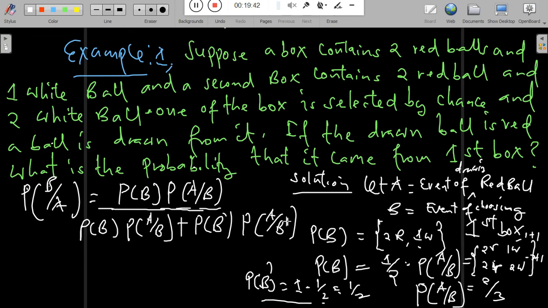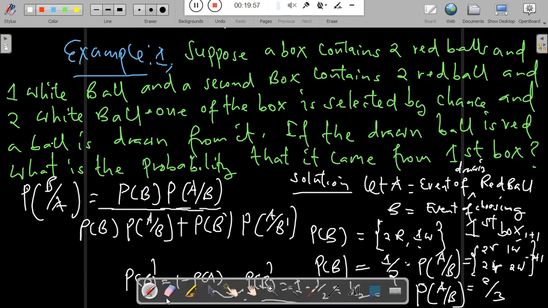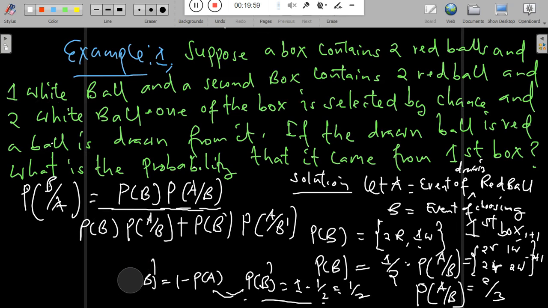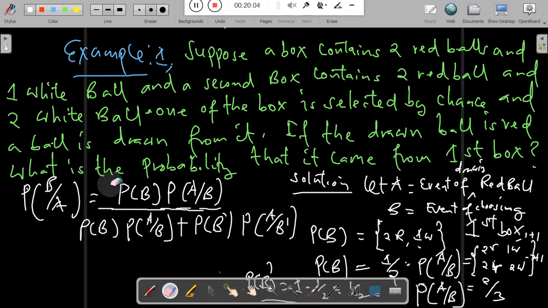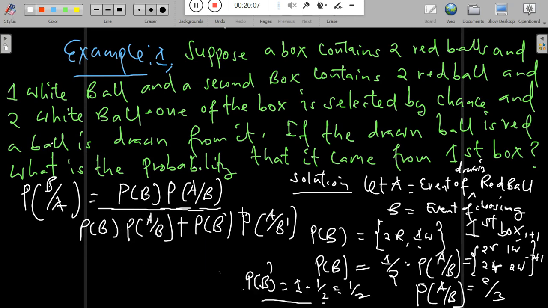If you recall, as I told you, the probability of a complement is given by 1 minus the probability of B. So from our sample data, we obtain the probability of B that is equal to 1 minus the probability of B complement. So the probability of B complement is equal to half.